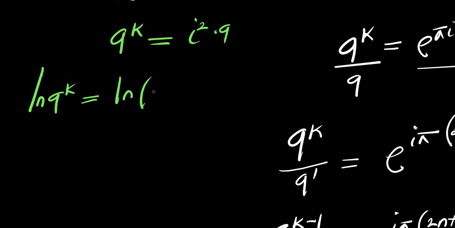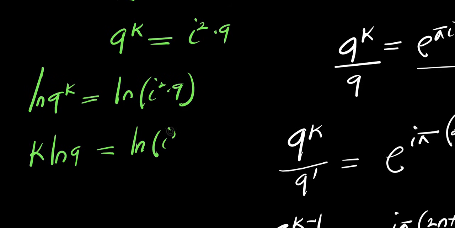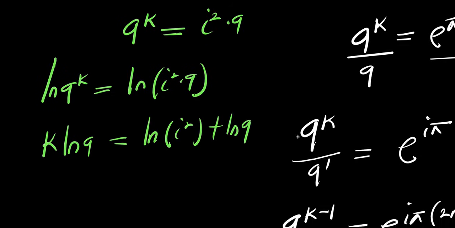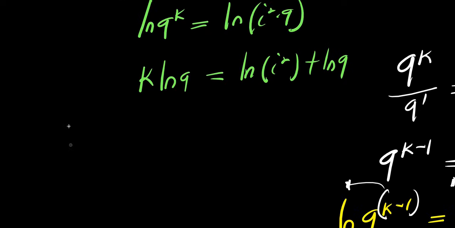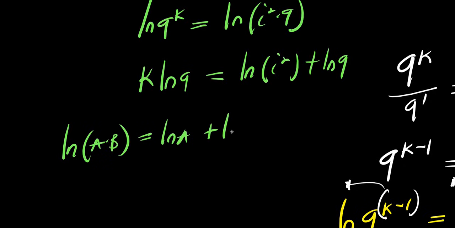You have natural log of I squared times 9. So this will give you k times natural log of 9 equals natural log of I squared plus natural log of 9. Because there's a particular identity that if you have natural log a times b, this equals natural log of a plus natural log of b.